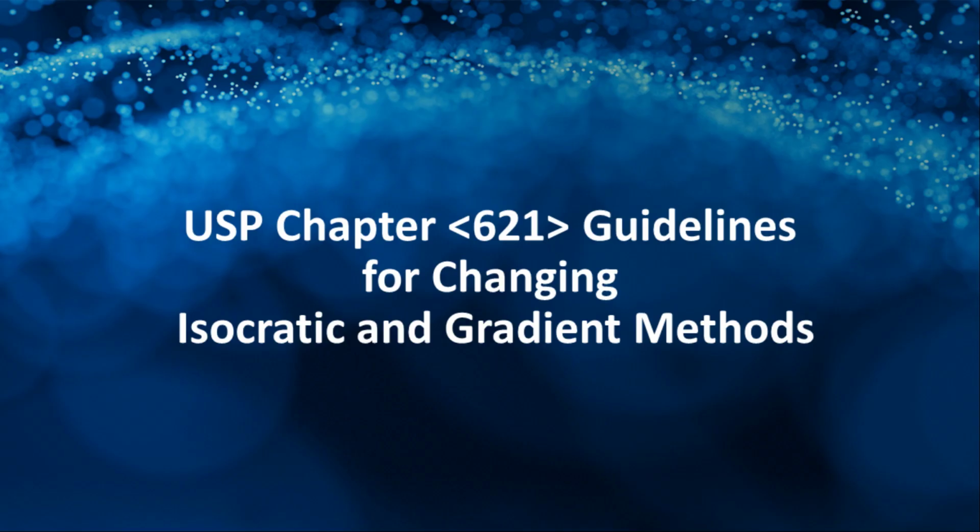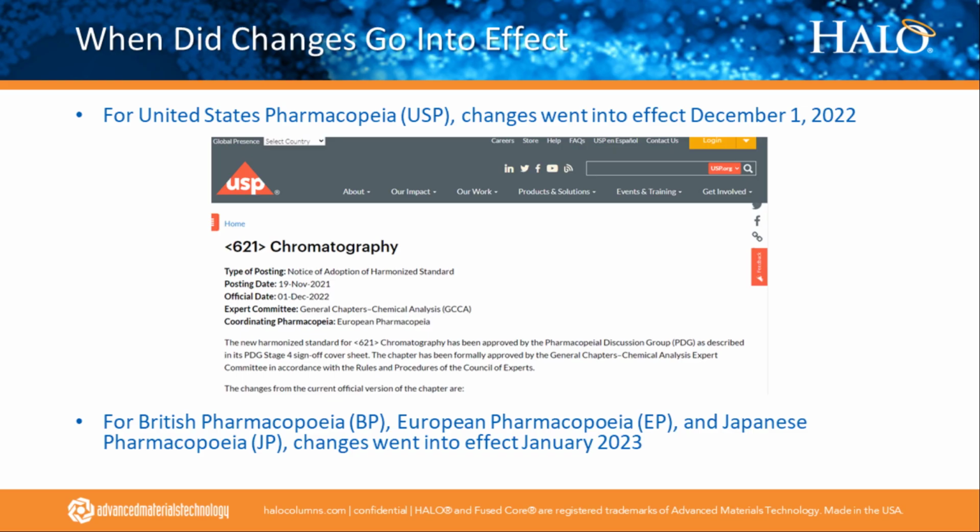So in terms of the USP Chapter 621 guidelines for changing those isocratic and gradient methods, the changes went into effect December 1st, 2022 for USP, and then in terms of the harmonization for BP, EP, and JP, those changes went into effect January of this year.